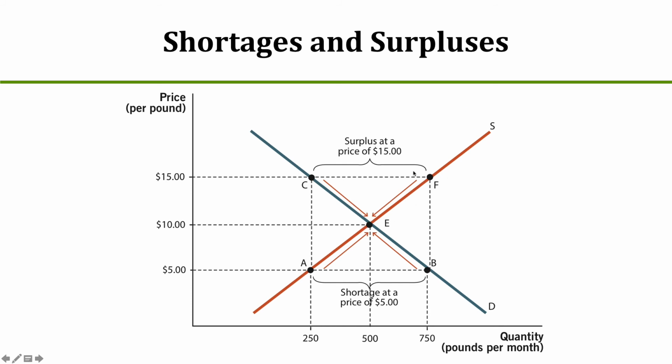And the same story happens on the surplus side. On the surplus side, we know that quantity supplied is higher than the quantity demanded. That means there are lots of suppliers in the market and they cannot sell their product. So eventually, one of them will say, instead of selling the good for $15, okay, I'm going to sell the good for $14 because the market is free right now.